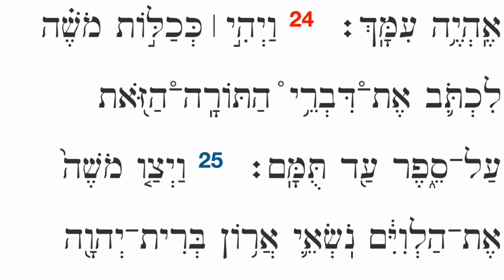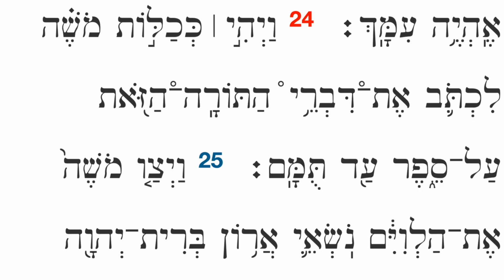Now it happened when Moses had finished writing et divrei haTorah hazot. We have the definite direct object marker preceding divrei. And so the words of, masculine plural construct, the words of haTorah hazot, the instruction, this, if you want to read it very literally, but we would say the words of this instruction, the words of this law, always hesitant with the translation law.